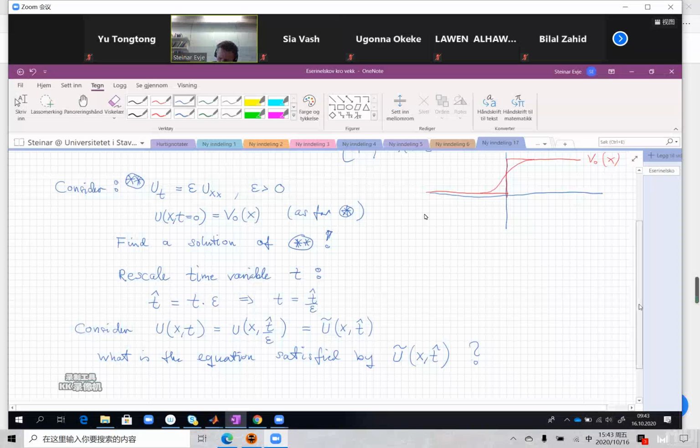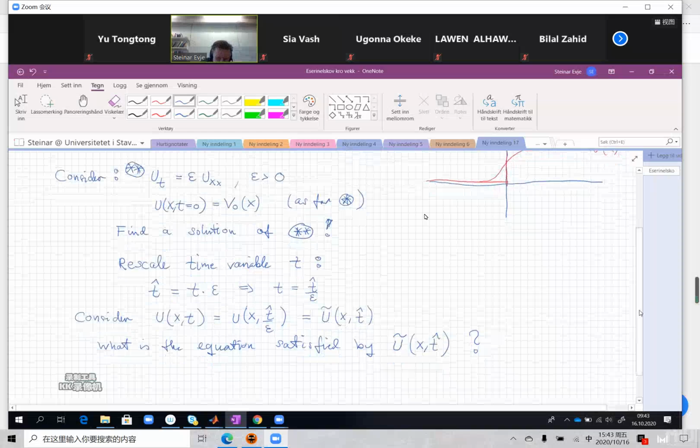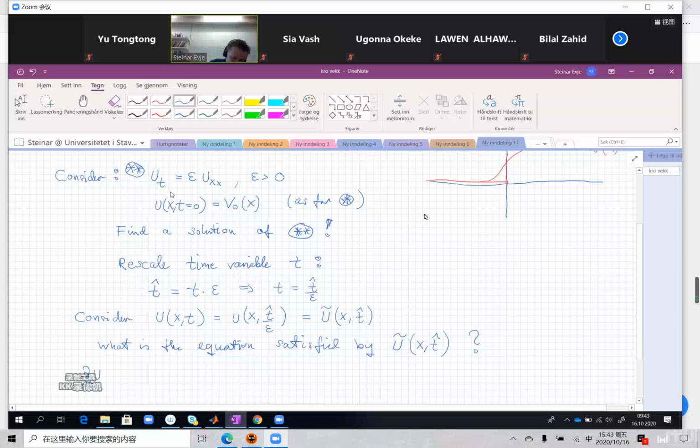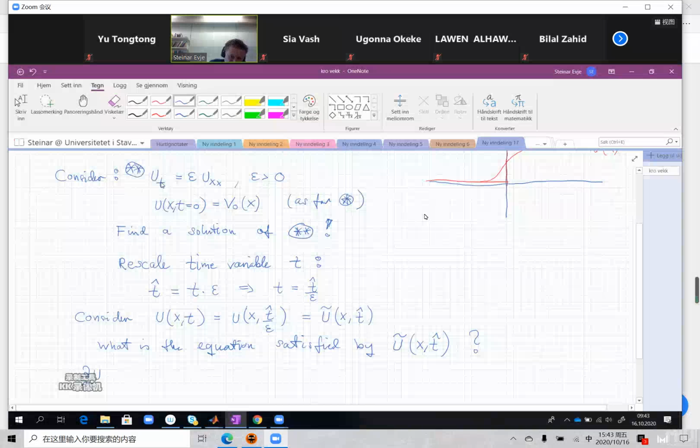But this is something we can compute, because we can just start with the time derivative of u, because we know the equation that u satisfies, namely equation double star. So let's see how we can use that fact.